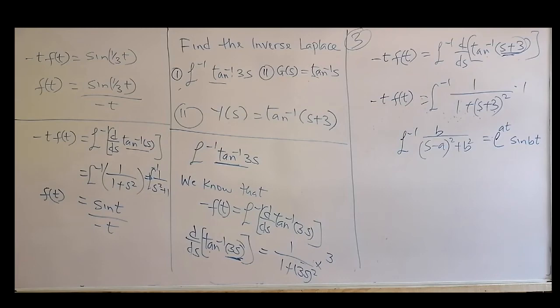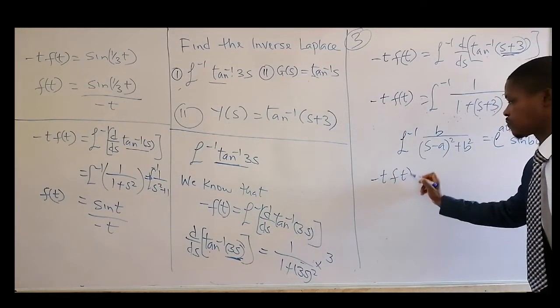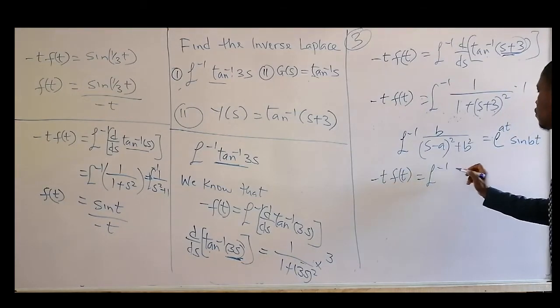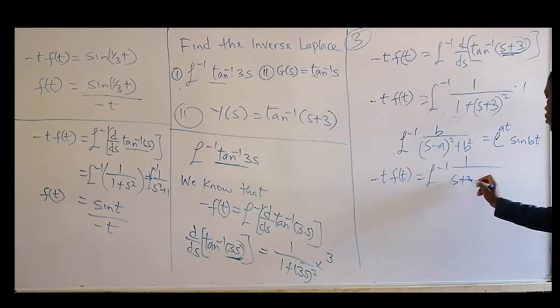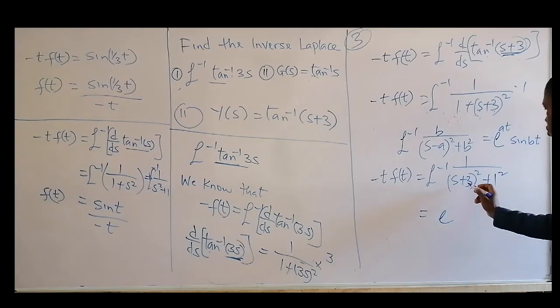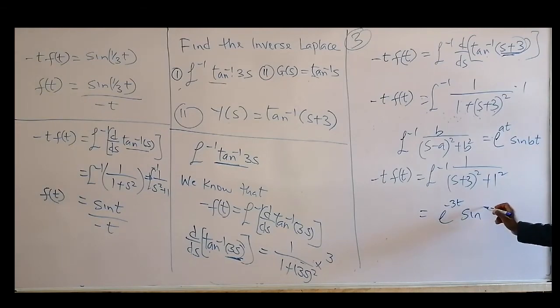That's what we are going to apply. So minus t f of t equals the inverse of 1 over x plus 3 squared plus 1. This 1 is 1 squared, which is 1 also. So that will be e to the minus 3t sine t. In this case your b is 1, so sine t.